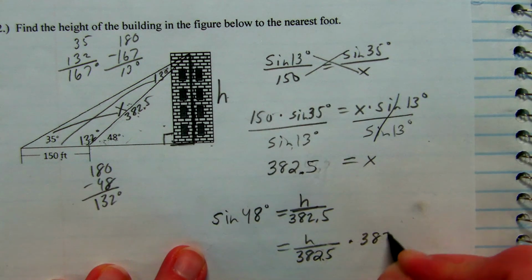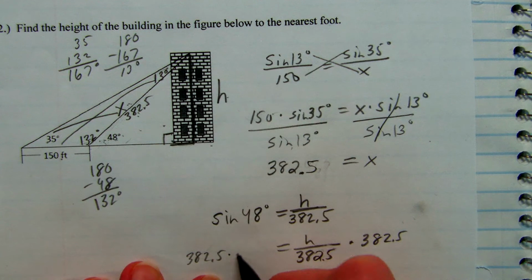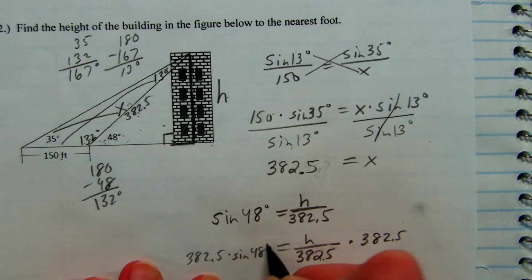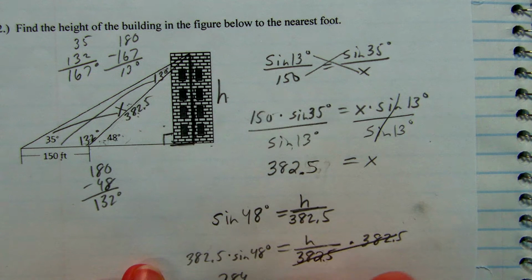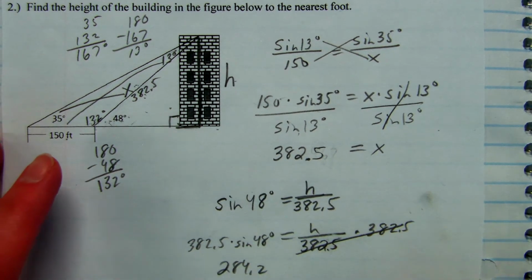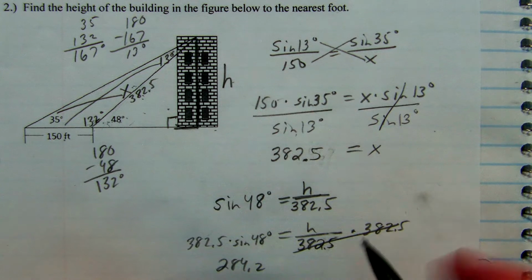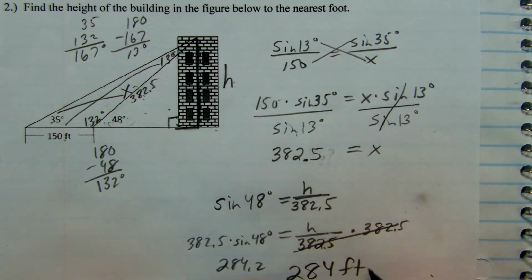Multiply both sides by 382.5 to get that out of the denominator. And if I do that, I get 284.2. In the directions, it says to find the height of the building to the nearest foot. So my final answer is just going to be 284 feet.